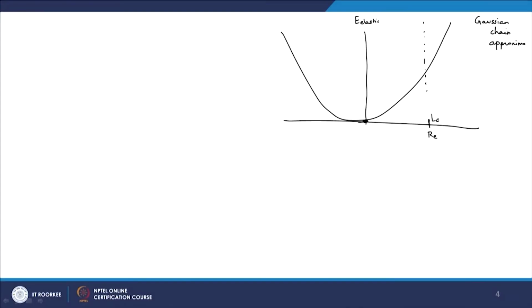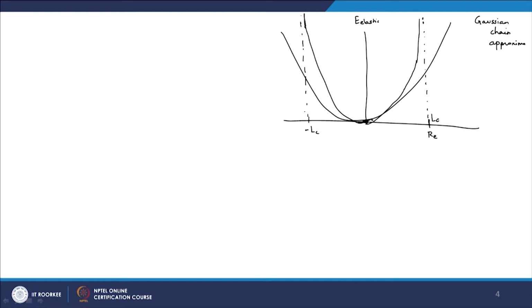So those models, for smaller values of Re, will behave something like a Gaussian chain, but then the curve must become very steep near the point when Re approaches Lc on either side. It must become very steep at this point.